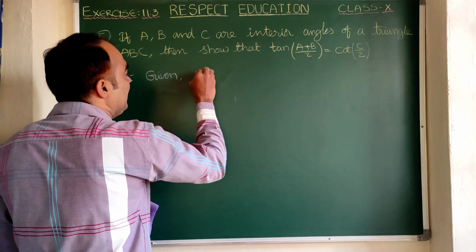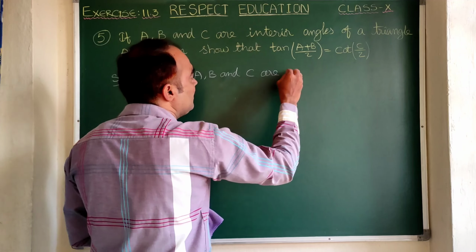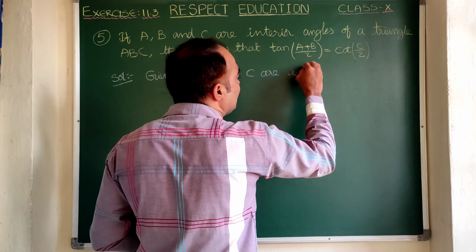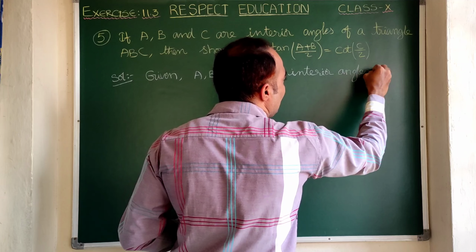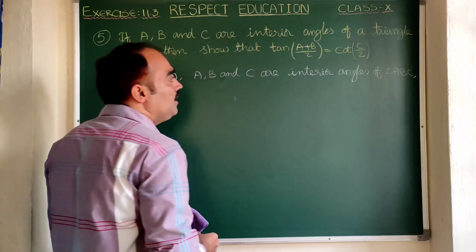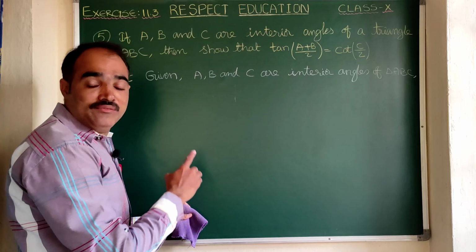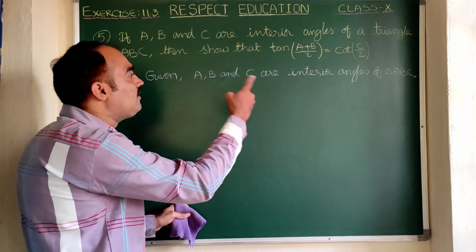Given A, B and C are the interior angles of triangle ABC. So by angle sum property, what can we say? A plus B plus C is equal to 180.